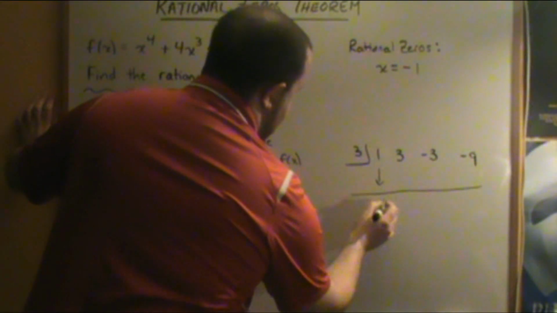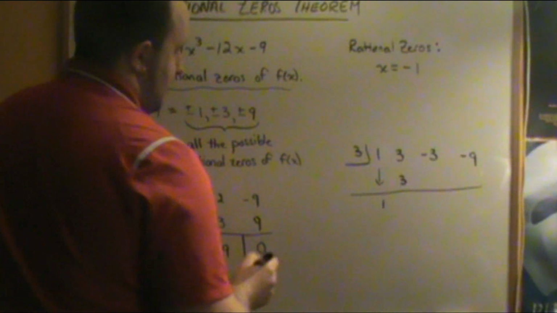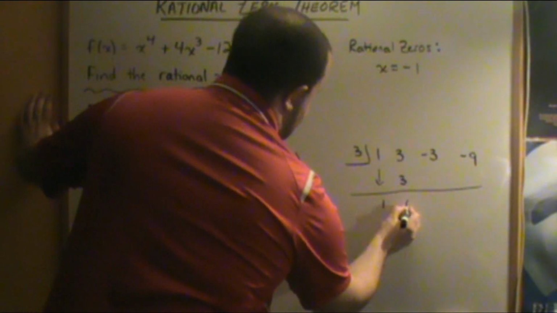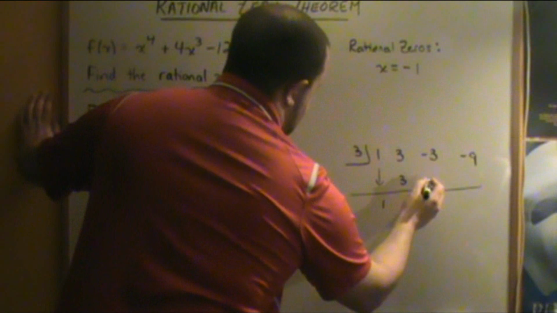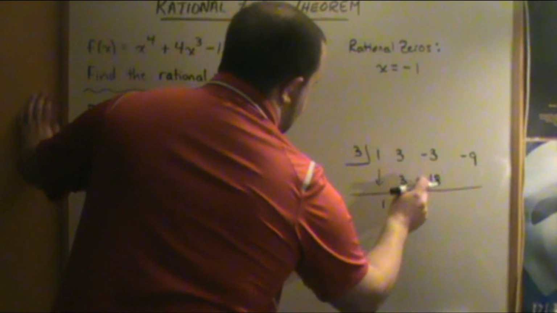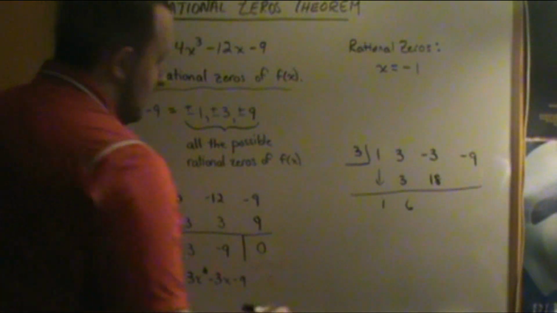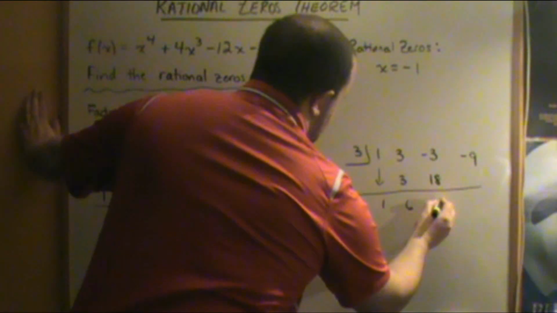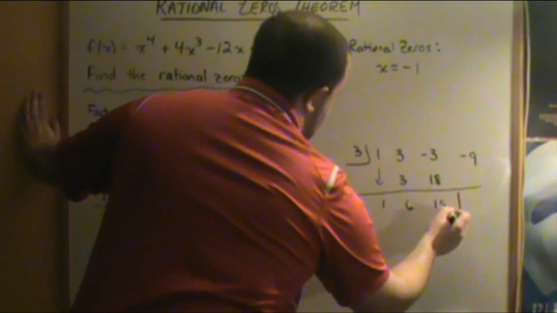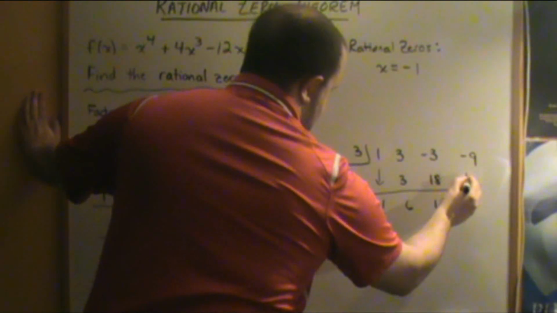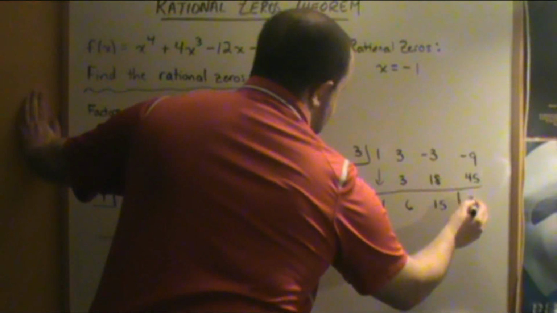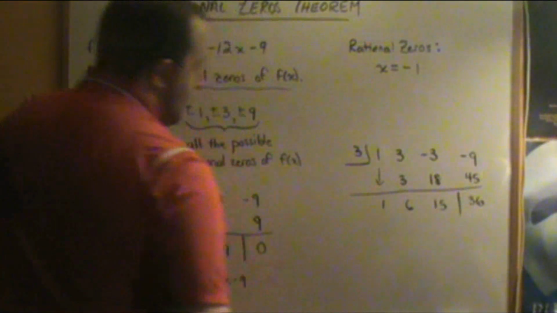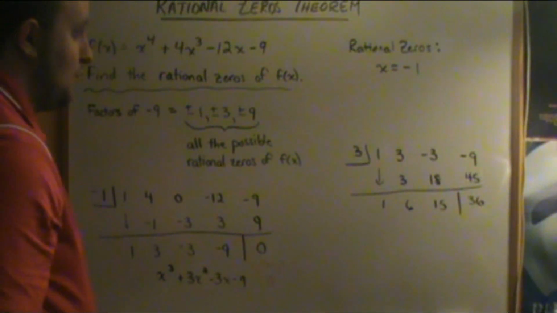You get 1. 3 times 1 is 3. 3 plus 3 is 6. 3 times 6 is 18. Negative 3 plus 18 is 15. 3 times 15 is 45. Negative 9 plus 45 is 36. We want a remainder there of 0, so that does not work.